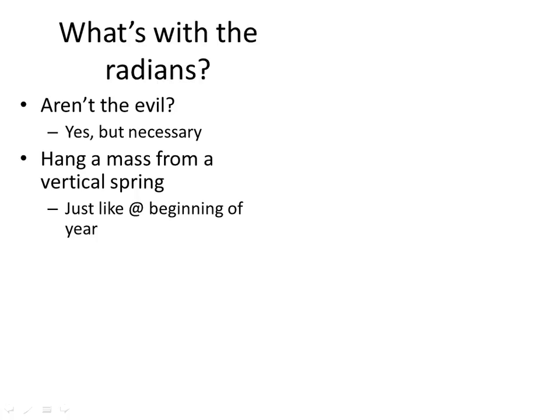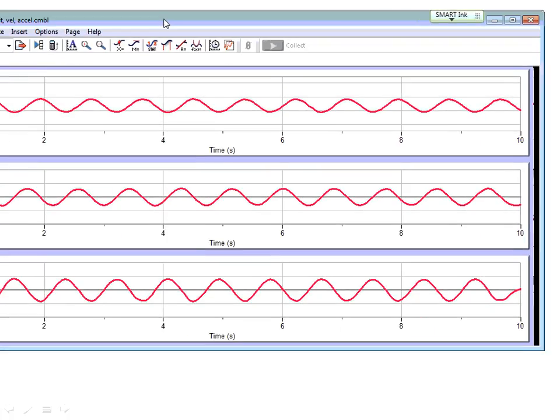Now what would happen though if I took a motion detector and had that right underneath this oscillation pattern? What would it show us? Well, it would show us this.